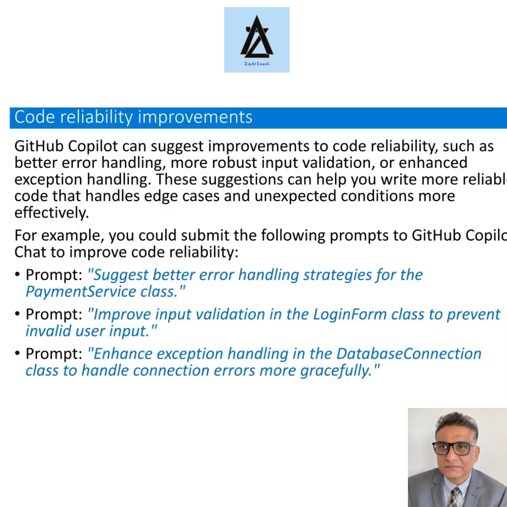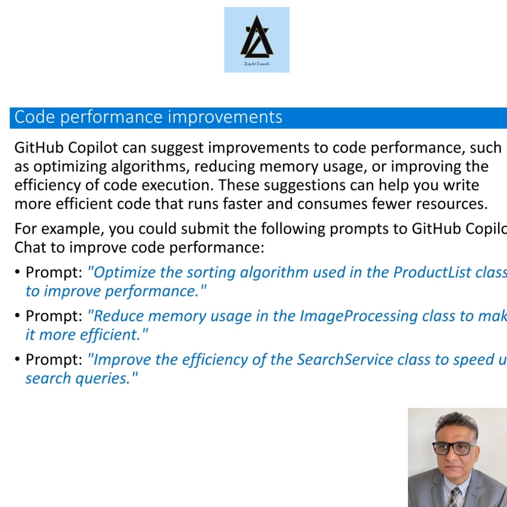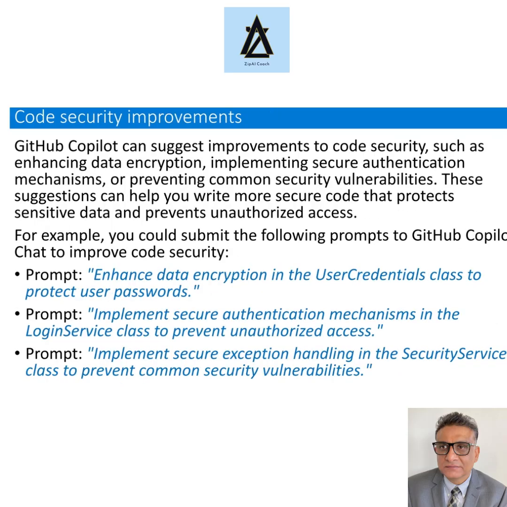You can rely on Copilot to do that. In terms of performance, if you have some algorithm, it can be improved by using GitHub Copilot to reduce the memory footprint or improve the efficiency of such a service in a class.